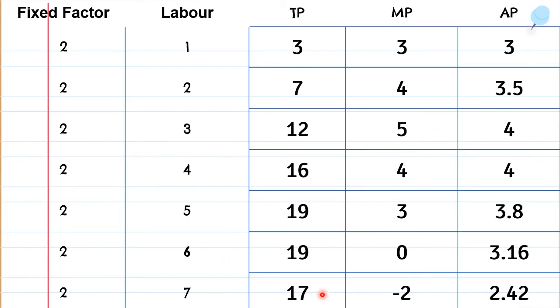So we see the marginal product diminishes first, and then when the seventh unit of the variable factor is employed, the total product falls. So yes, the statement of the law is true. As the proportion of one of the factors in a combination of factors increases, first the marginal product.